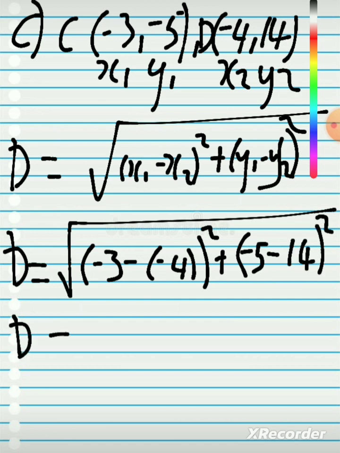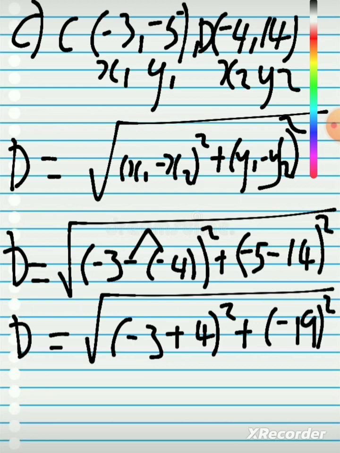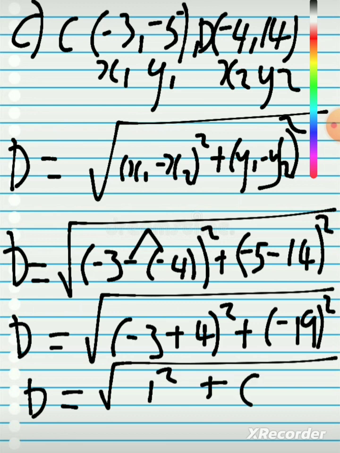So it's going to be distance is equal to square root of negative 3, negative times negative, it's plus 4 squared, plus negative 5, negative 14 is negative 19 squared. So distance will be equal to square root of negative 3 plus 4, it's 1 squared, plus 19 squared. Okay, let me just write it like that, negative 19 squared.